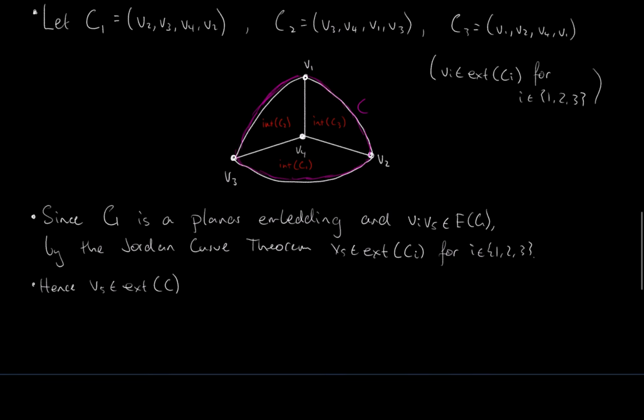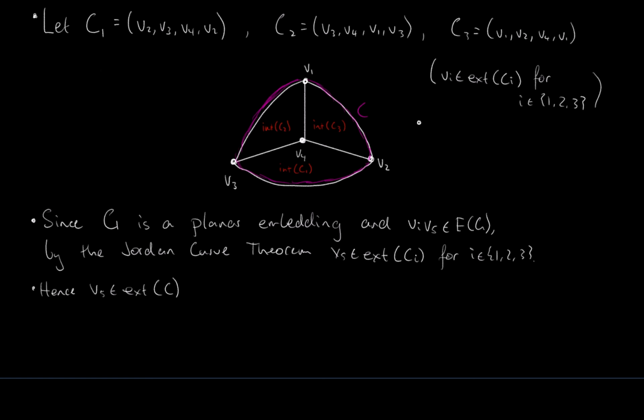Now let's look at this diagram here. I'm trying to make my point clear. So let's say that's V5 here. Right? It lives out there. And let's try to connect all the vertices, say V1 and V5, V2 and V5, V3 and V5.